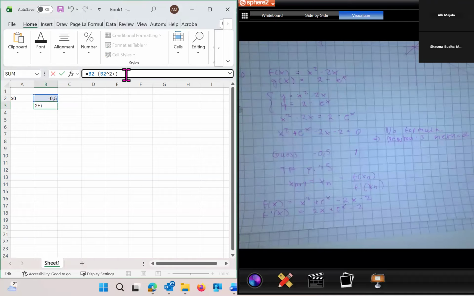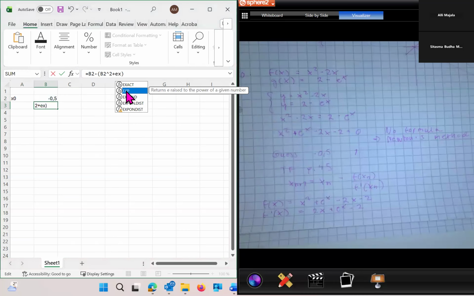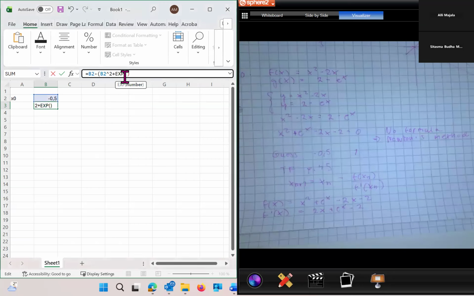So for sure you are really experienced already in how to write things with Excel. Exp is my exponent, and there I can put again the same thingy. That's my exponent.